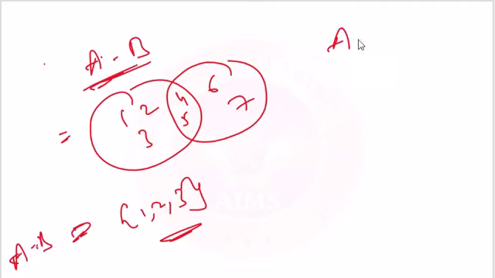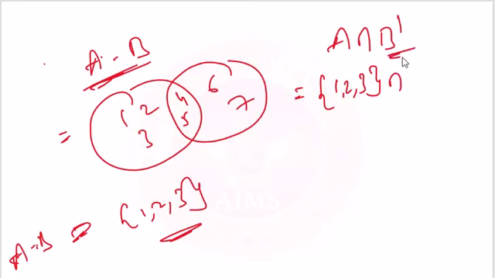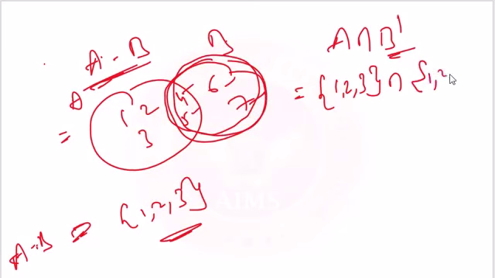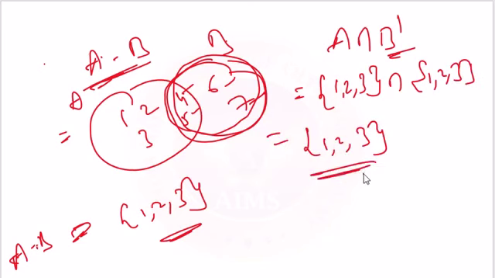If we write the value of A intersection B dash, A here is 1, 2, 3. B dash means the elements which are not in B. In B we have 4, 5, 6, 7. Which are not in B means 1, 2, 3 will come. What are the common elements? 1, 2, 3.